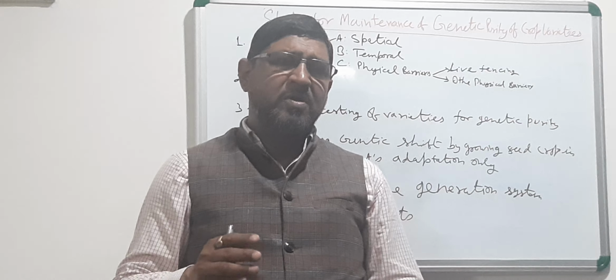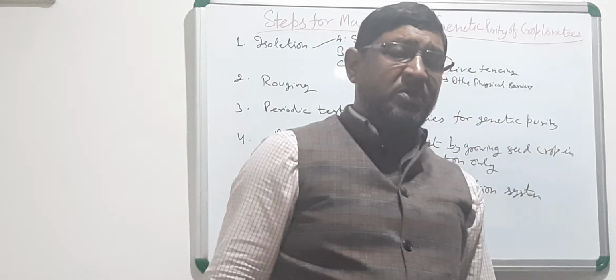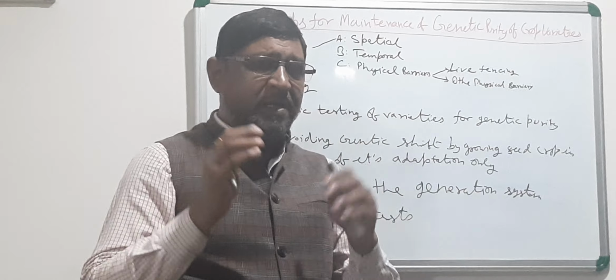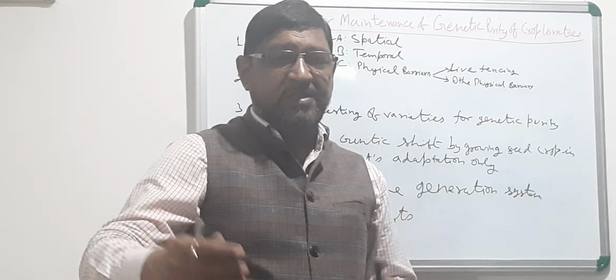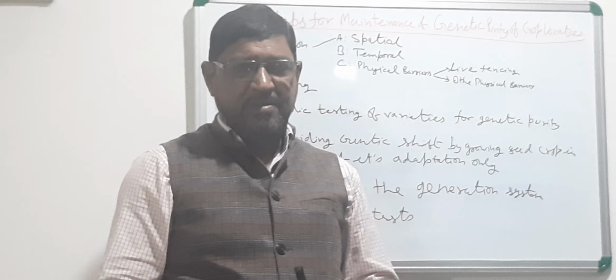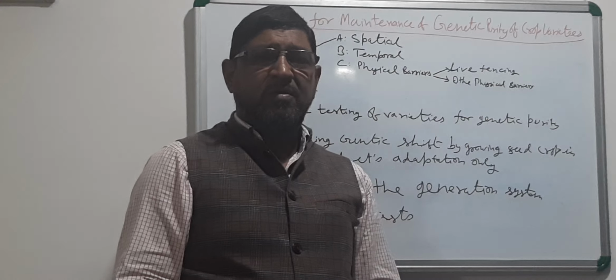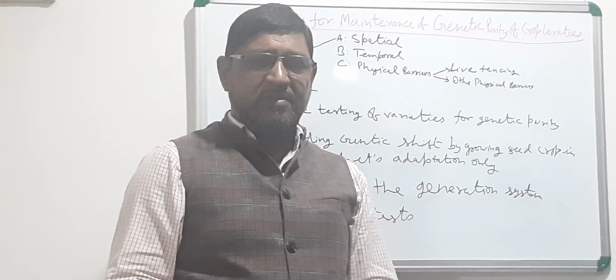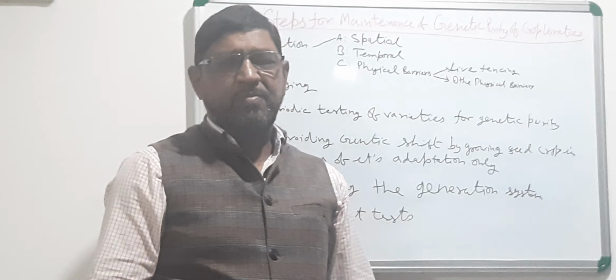There are different types of isolation. Particularly the best isolation is the isolation distance, when you are maintaining the distance between the fields of your seed variety and other varieties of the same crop.